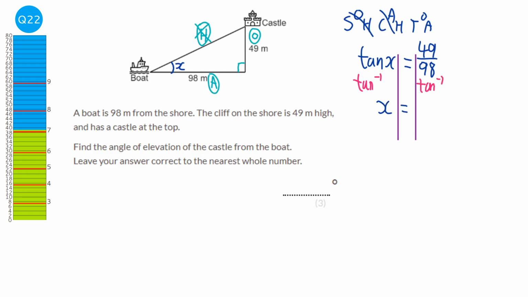And so the inverse tan of 49 over 98 is 26.565, etc. And it wants the nearest whole number, so that will be 27 degrees.